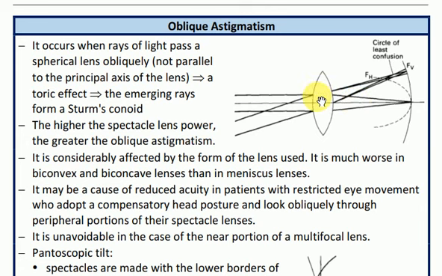This is unavoidable in the case of the near portion of a multifocal lens. It may also be a cause of reduced acuity in patients with restricted eye movement who adopt a compensatory head posture and look obliquely through the peripheral portions of their spectacle lenses.